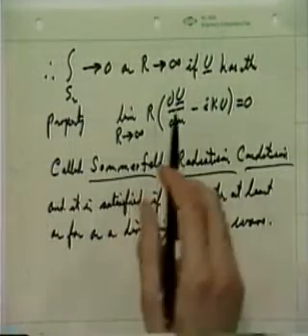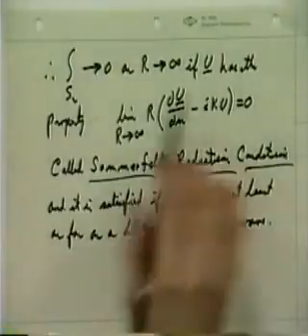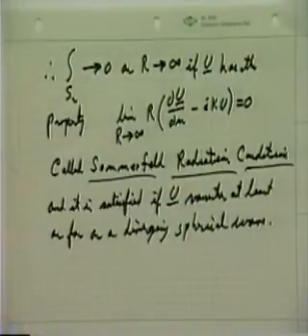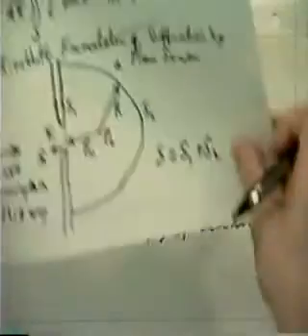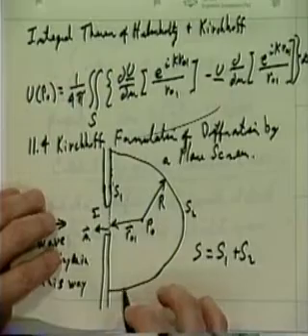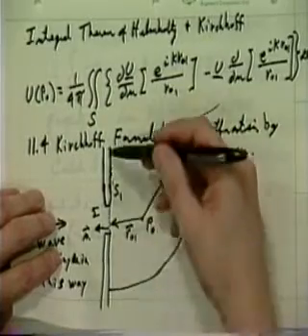So we don't have to worry much about this condition being satisfied, because anything we illuminate the aperture with will be at least a collection of spherical waves. So we're going to get rid of this integral then. Going back here, we have gotten rid of the integral over this outer sphere, and now we just have to worry about the integral over S1.